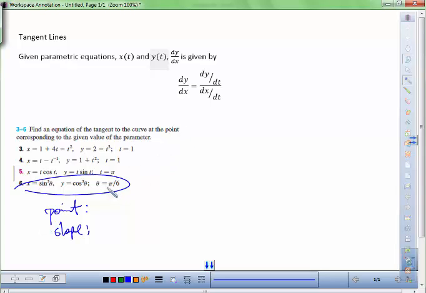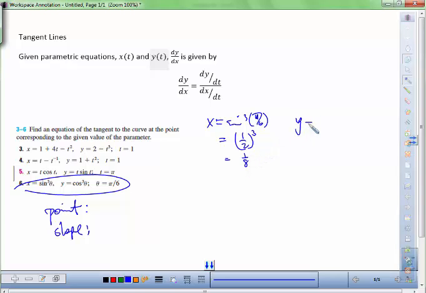So to get our point, we need theta to be pi over 6. So x is going to be equal to sine cubed pi over 6. So what's sine pi over 6? That's 1/2. 1/2 cubed, and so this is 1/8.